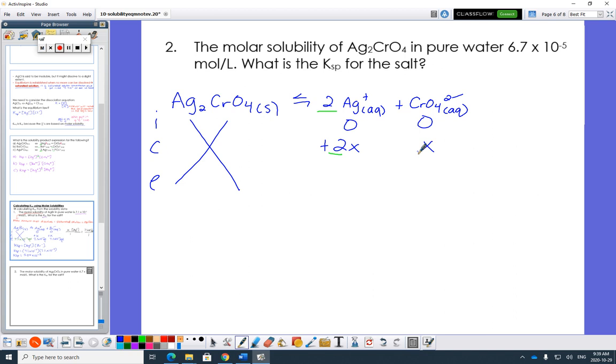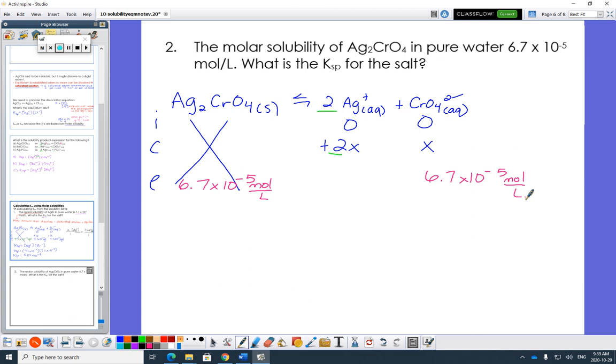And the same thing when you have the molar solubility of this, these two are the same because they have a coefficient of 1.